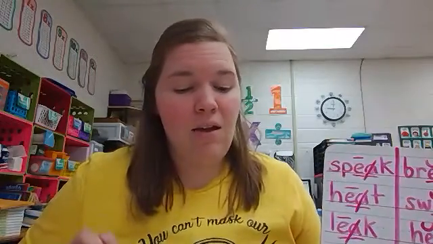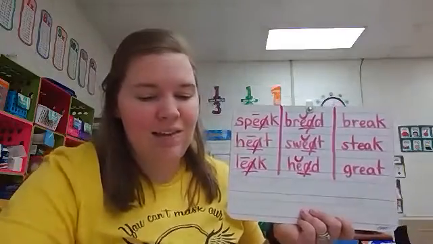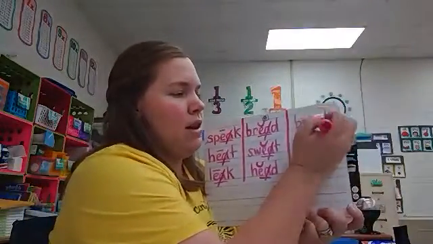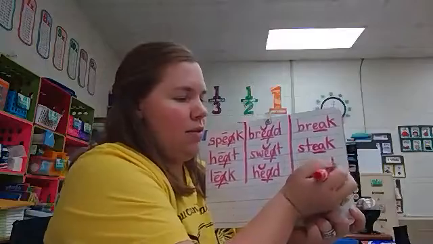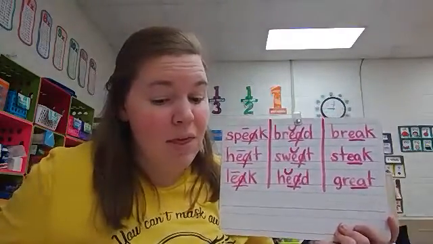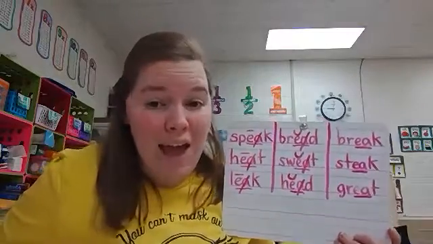This time it's the A sound. So EA again is saying A. So digraph EA needs underlined like always. But this time the E is silent because we hear the A sound.